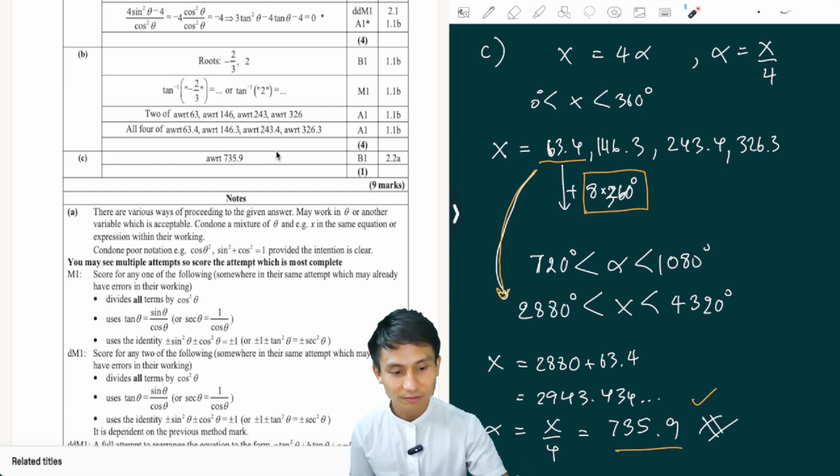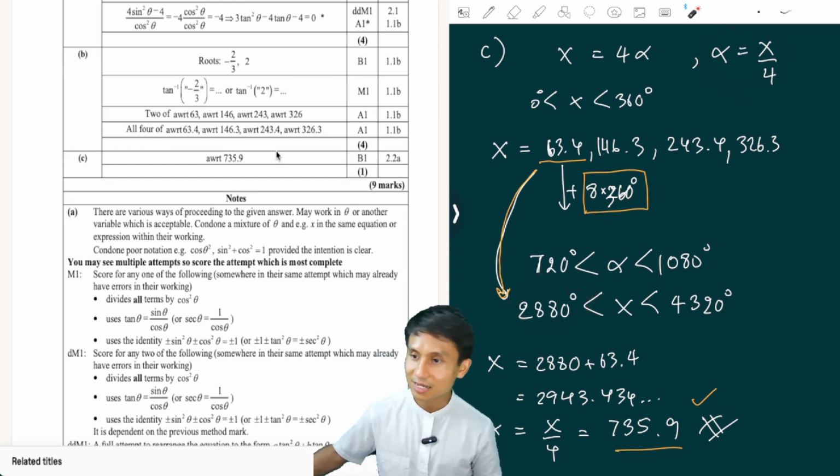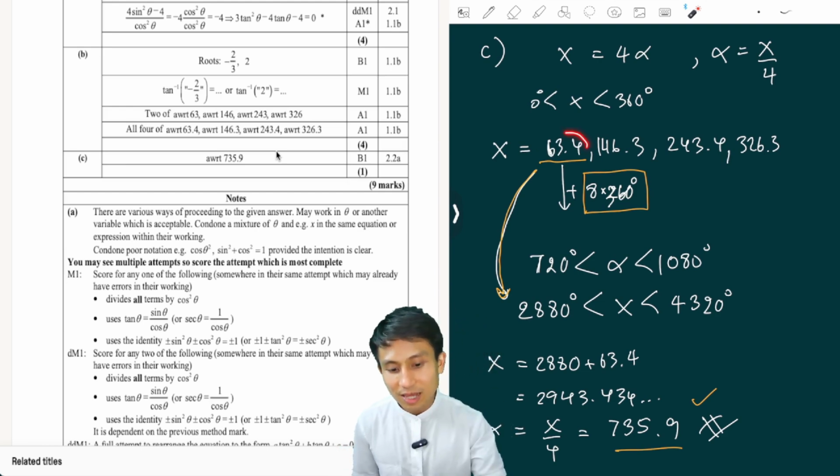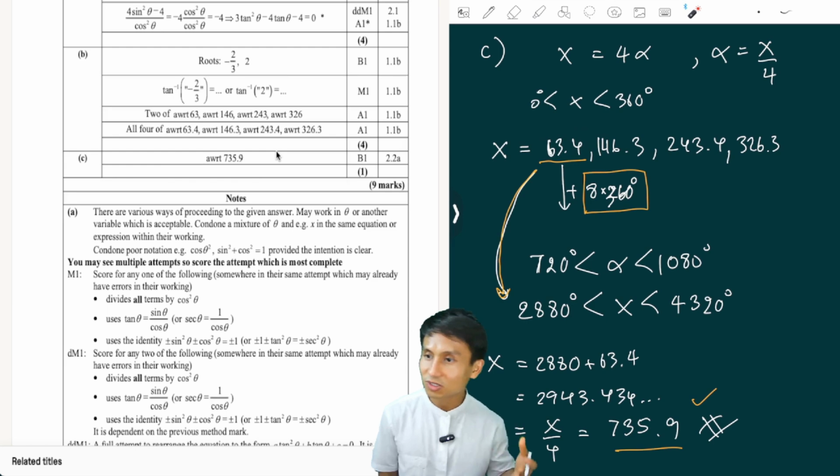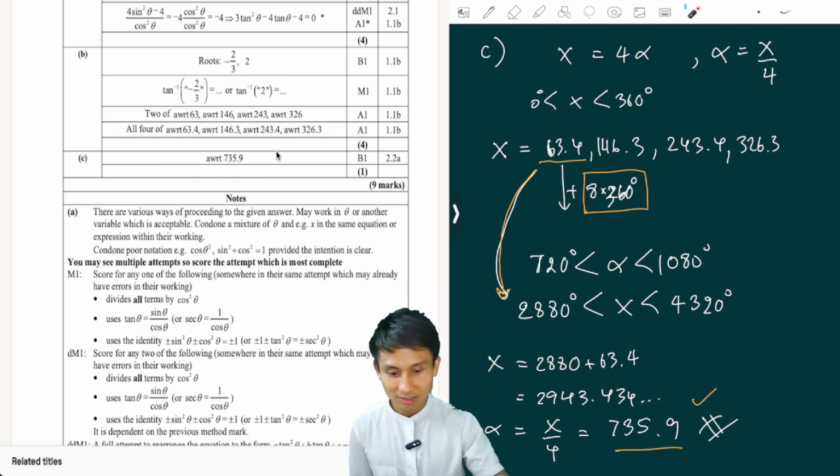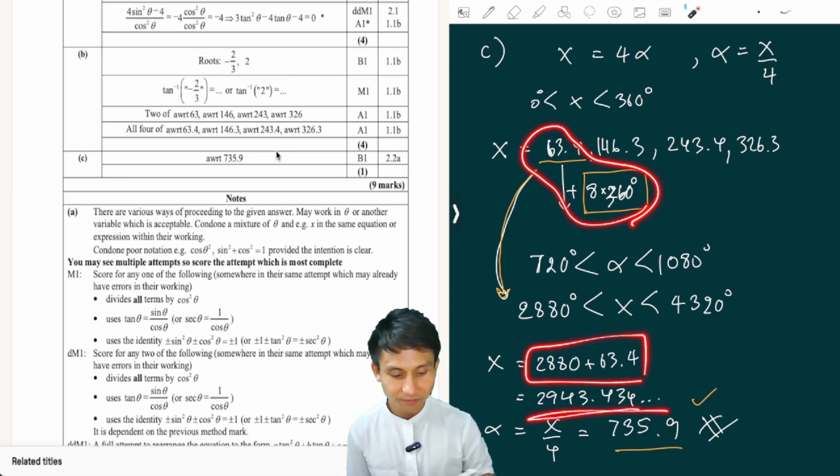So if you do 4 times here, the range of x is from 2880 to 4320. Well, roughly, you need to add this by 8 cycles, which is 8 times 360 to get to this kind of range. But actually, when you do add that, you get this value instead, which is that.